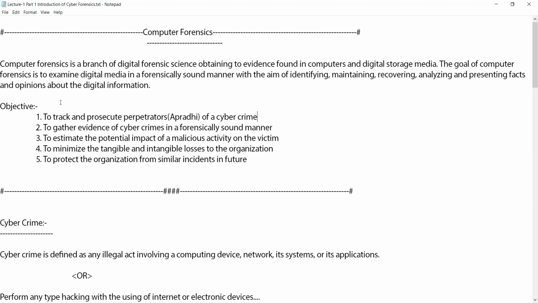The attack that has happened now should not happen again, so you need to maintain the protection part and high security countermeasures. So how will you do that? This is the last objective. These are some objectives you need to complete as an investigator.